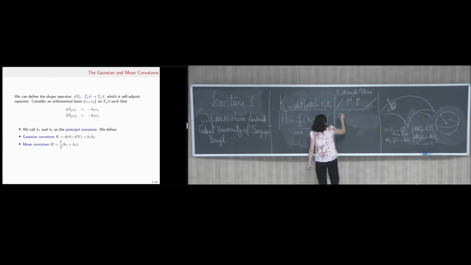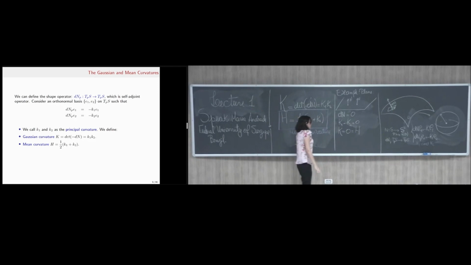So you can see that the operator is equal to 0. And this implies that kappa 1 and kappa 2 are 0. In particular, the Gaussian curvature is equal to 0, and the mean curvature is equal to 0.